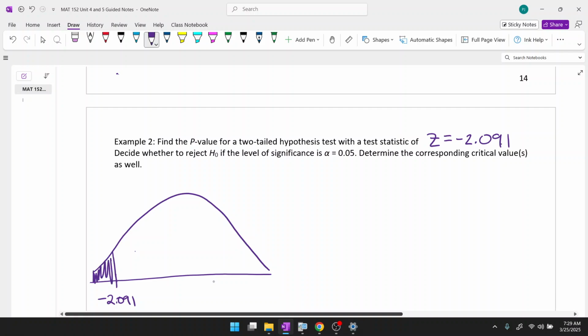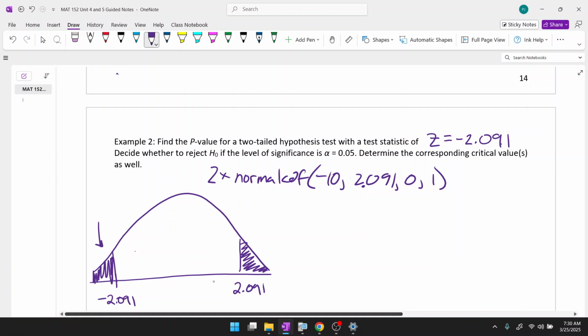So we're going to figure out this area here, but we're also going to figure out the positive side area. But these two areas that are shaded happen to be the same thing. So basically, you can do 2 times normal CDF from negative 10 to negative 2.091, or you could do twice this area.